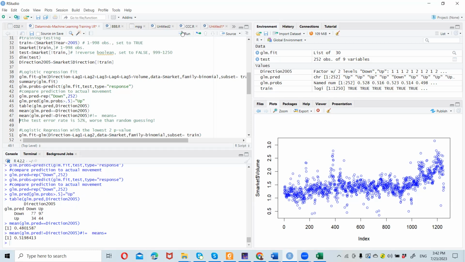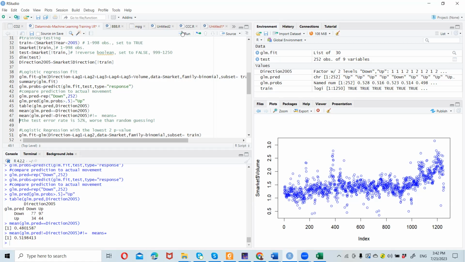The first one we did was kind of a guess, without separating the data into training and test sets, using the entire data. This one is not much different from what you obtained for the error rate. However, we now want to use the variables that have the lowest p-values, which are lag 1 and lag 2.